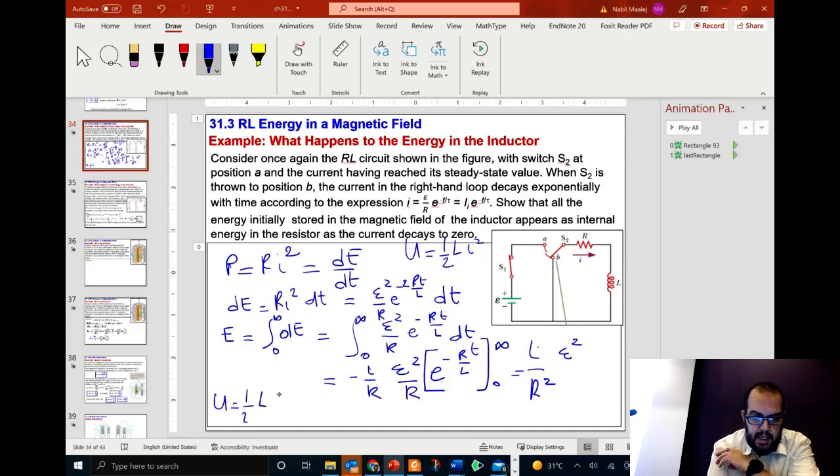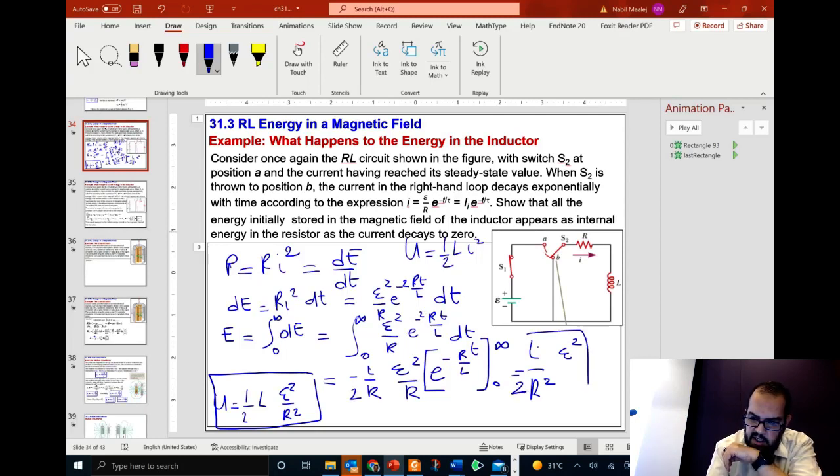What is I? It's epsilon over R, so I squared is epsilon squared over R squared. This is the energy that is stored in the inductor. So where did I lose the 1/2? Oh yeah, I forgot. There is a 2 here.